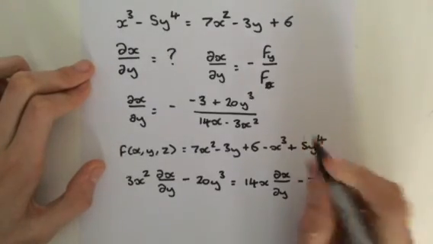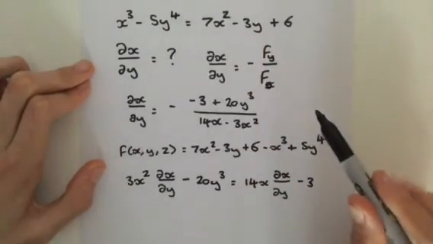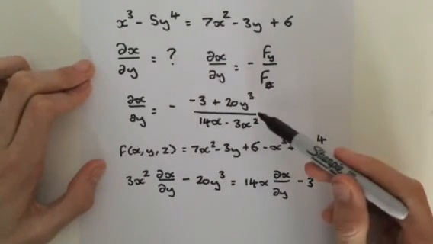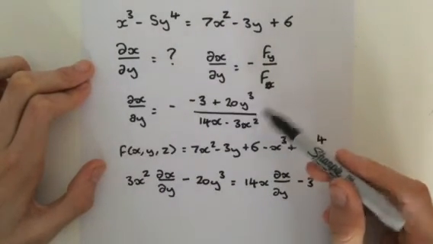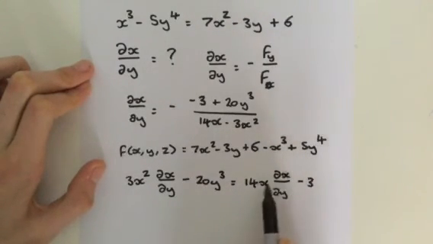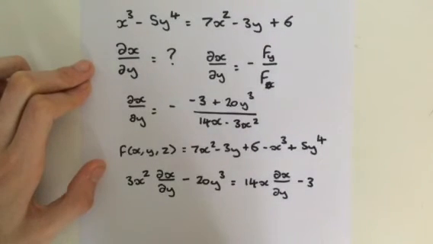Okay, 6 is a constant, that disappears. So we're left with this. Okay, so we want to get to this, obviously. So we can see that we add our 20y cubed onto the side and minus our 14x, and we get our dx by dy.